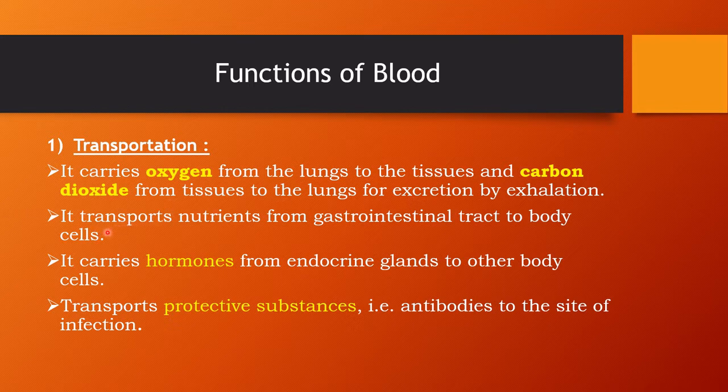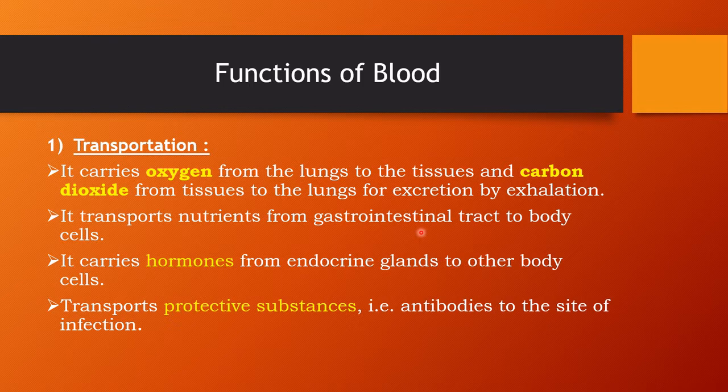Next function is transportation of nutrients through blood. So it transports nutrients from the gastrointestinal tract to body cells, because when we take food into our body, its absorption takes place in the small intestine. The small intestine is the place where absorption of these nutrients into the blood takes place.